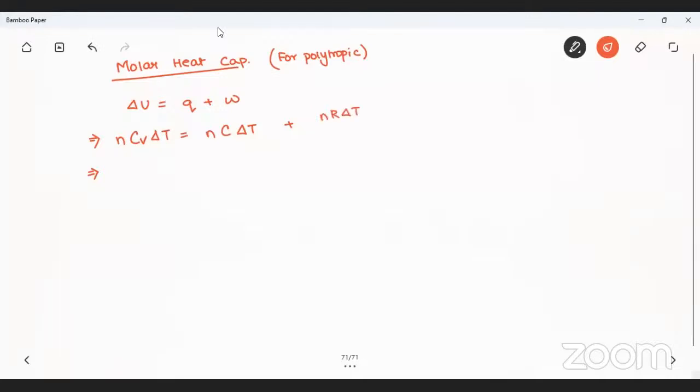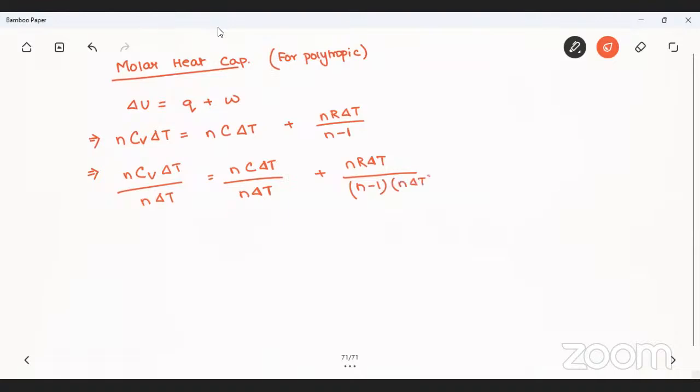Now, if we divide both sides by nΔT, a lot of things will get cancelled out.